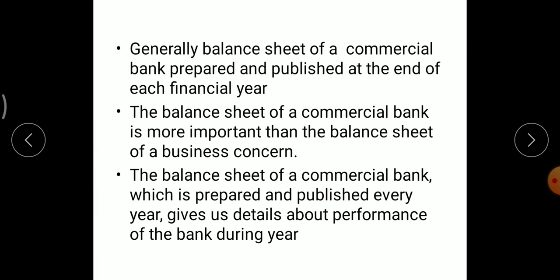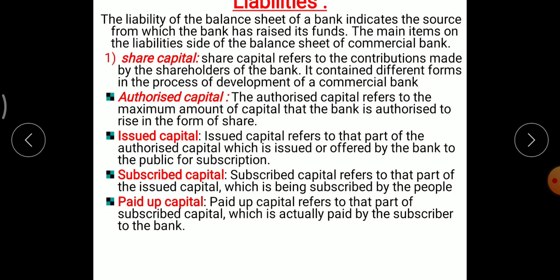Generally the balance sheet of a commercial bank is prepared and published at the end of the financial year. Already we discussed that the balance sheet of a commercial bank is more important than the balance sheet of a business concern, and that it gives us details about the performance of the bank during the year.